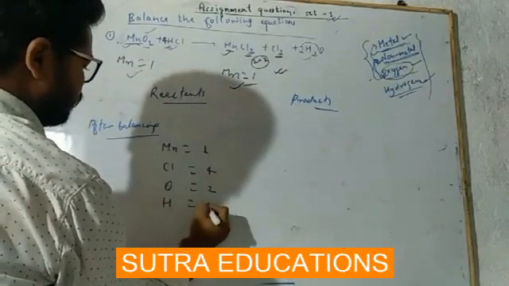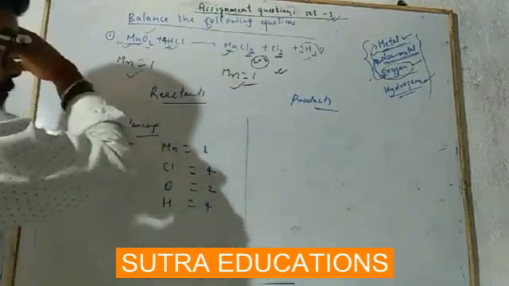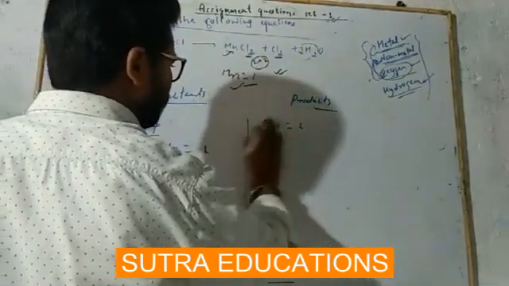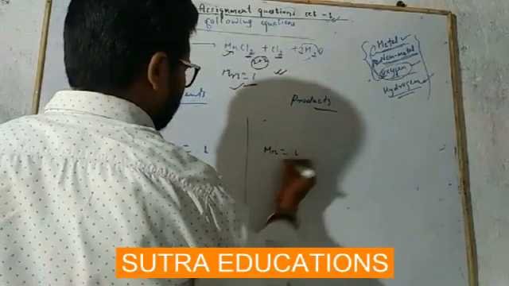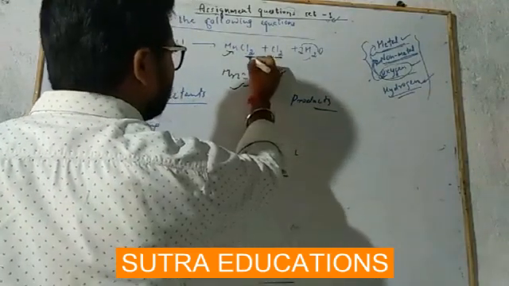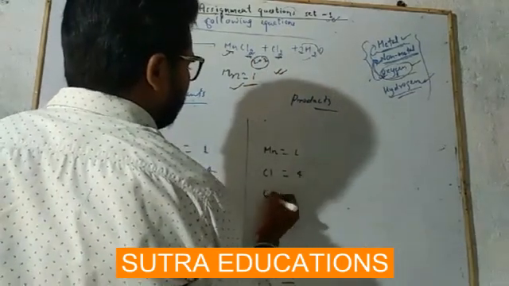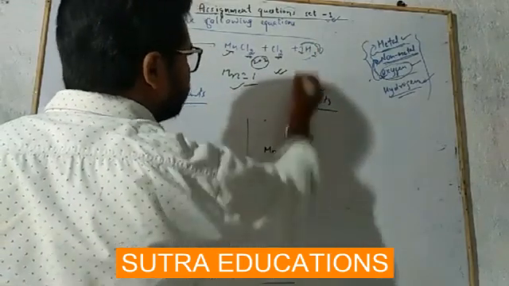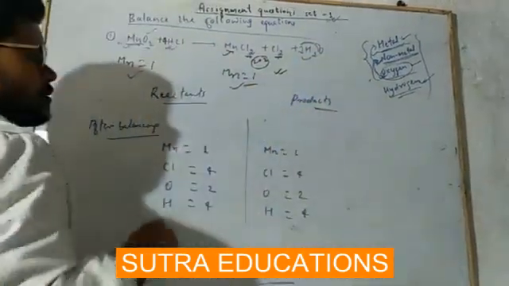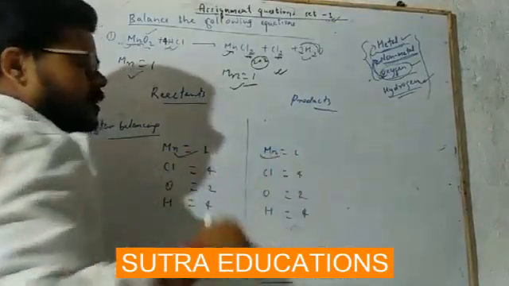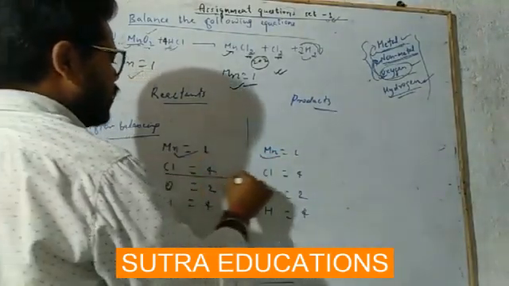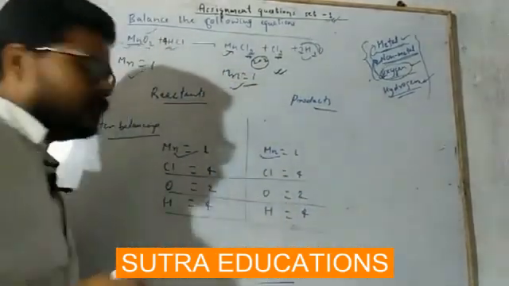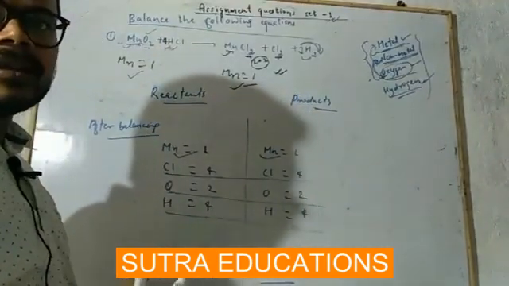In product side, manganese is equal to 1, chlorine is equal to 4, 2 plus 2 4, oxygen is equal to 2, and hydrogen is equal to 2 into 2, 4. So you can check manganese in reactant and product side is equal to 1, chlorine both side equal to 4, oxygen both side is equal to 2, and hydrogen both side is equal to 4. It means we can say the reaction is balanced.